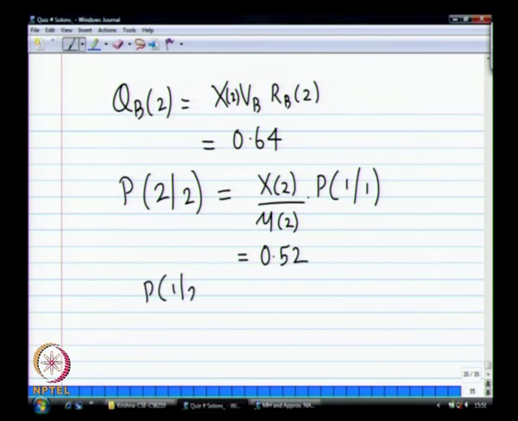Then P of 1,2, again, P of j comma n is given by X of n by mu of 1, then P of j minus 1 comma n minus 1. So this is P of 0,1.